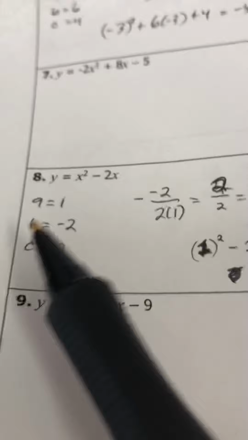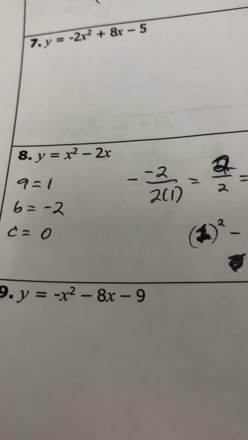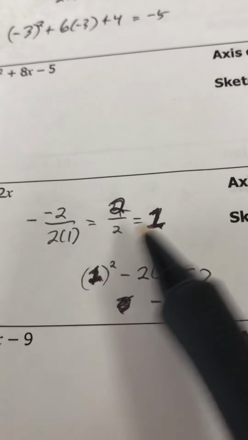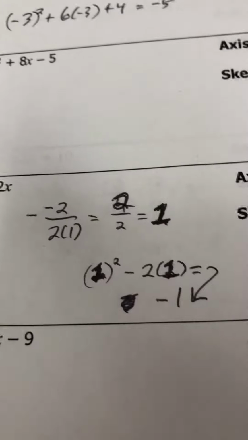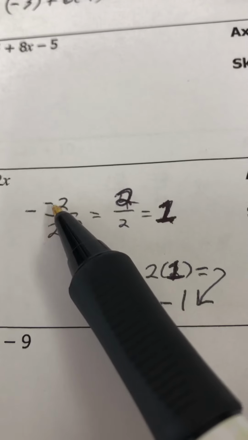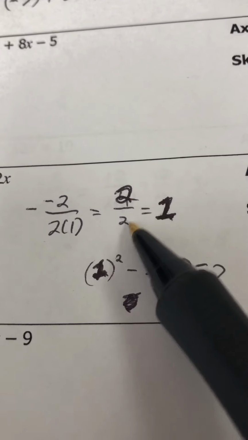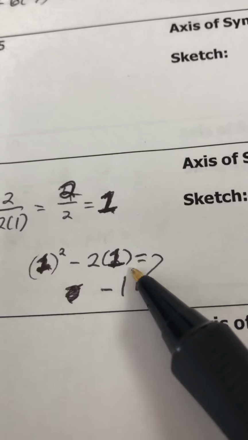Number 8. I identify my A, my B, and my C. There is no C. Here I made some mistakes. I don't know why I was interrupted and I put in the wrong number here. So a negative 2 is going to be a positive 2. 2 times 1 is 2. 2 divided by 2 is 1. And so I plug in those 1s.